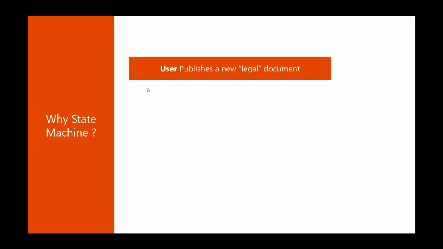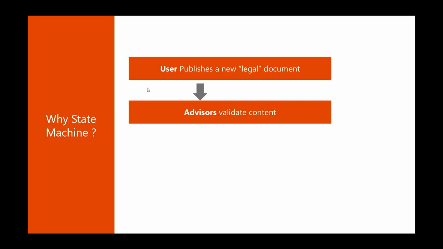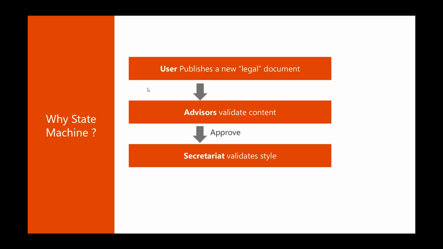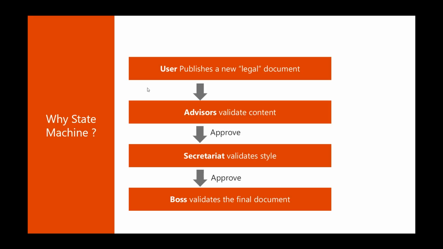We have a user that publishes an important document, a legal document, in an intranet. When the document is published, then we have a group of people called advisors who will validate the content. If the content is validated, then a group of users called Secretariat will validate the style. And then we have the big boss that can validate the final document.